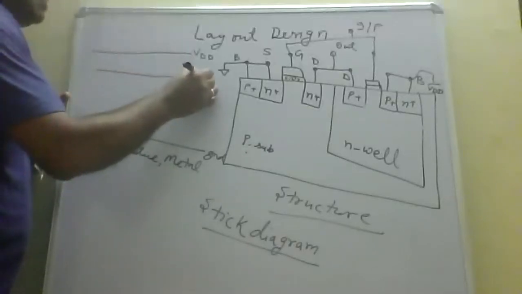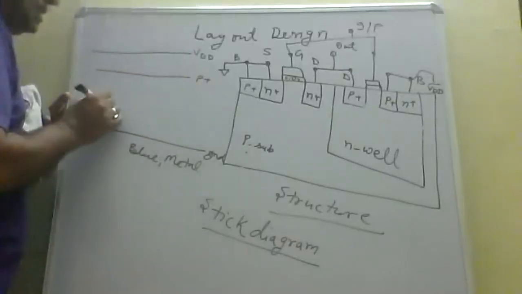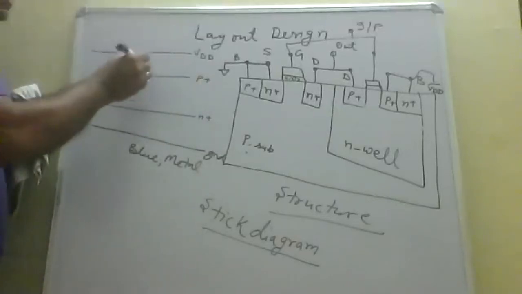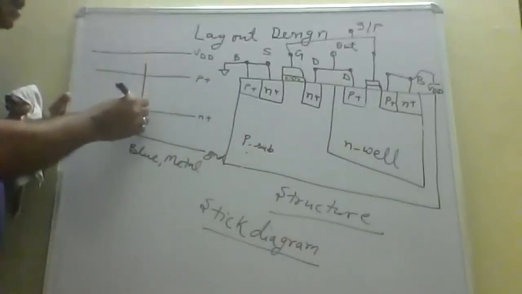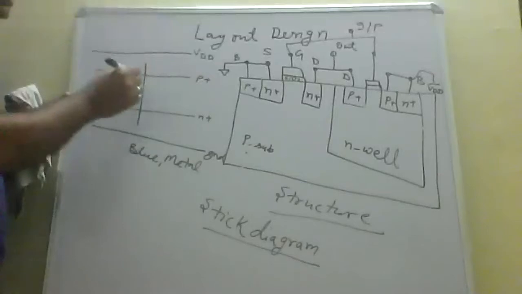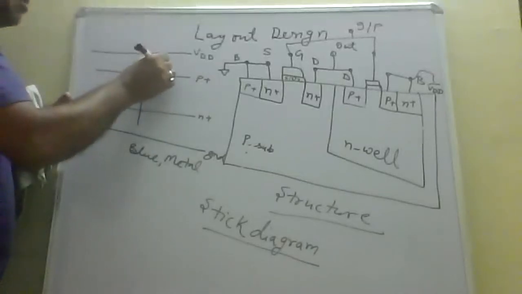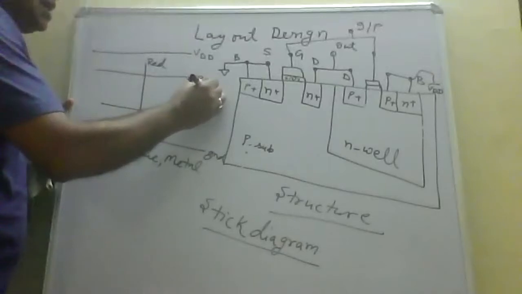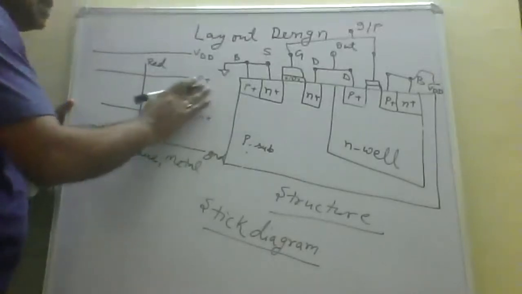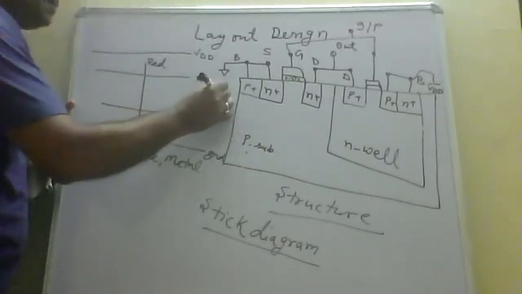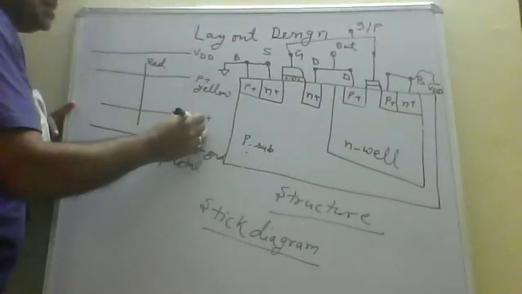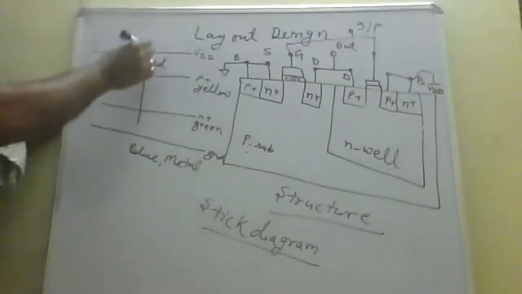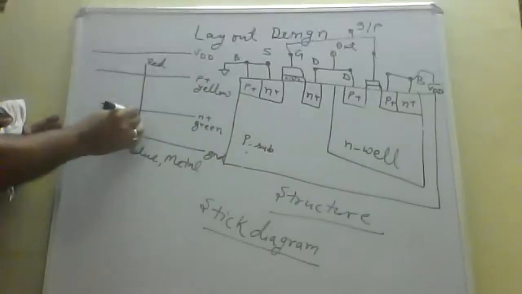Now here there will be a P plus diffusion and N plus diffusion, and there will be a common gate. This is the polysilicon, which will be of red color. P plus is of yellow color, and N plus is of green color.